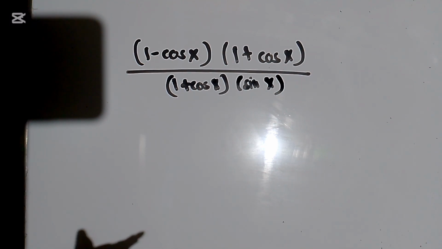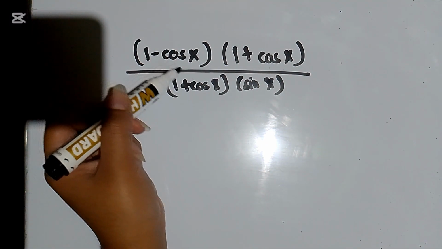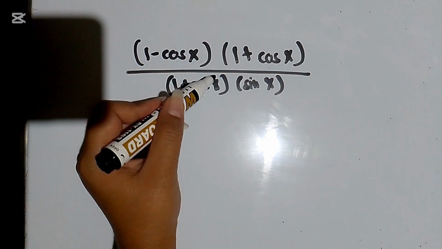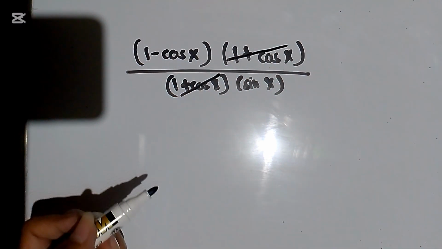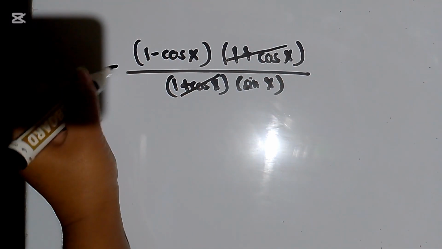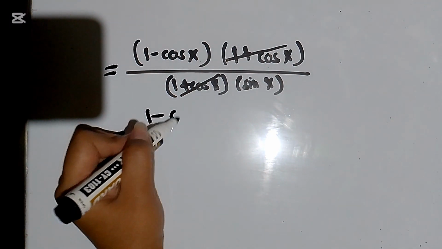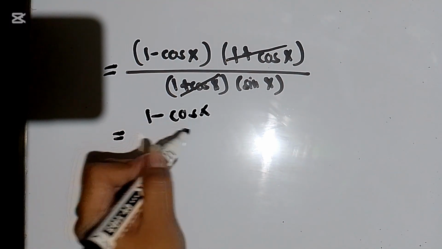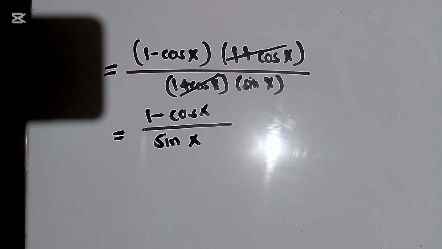Now, let's cancel out the same value in the numerator and denominator, 1 + cos x. And the final answer is (1 - cos x) over sin x.